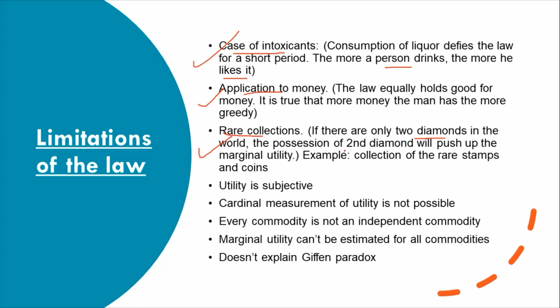It will not decrease. It will either remain the same or it will increase. It will never decrease if it's a rare collection. An example could be when you are collecting rare stamps or rare coins. So in that case, this law does not hold.